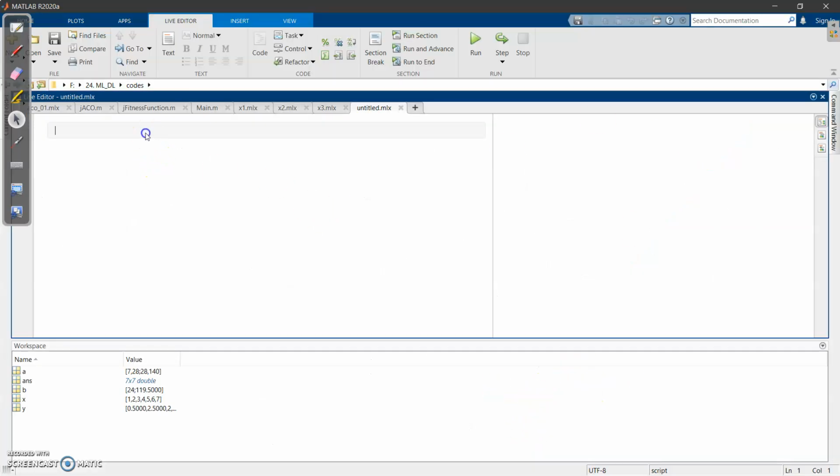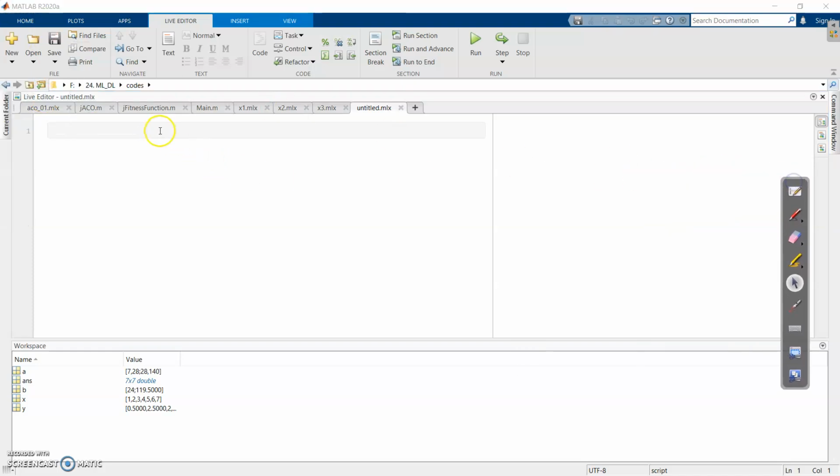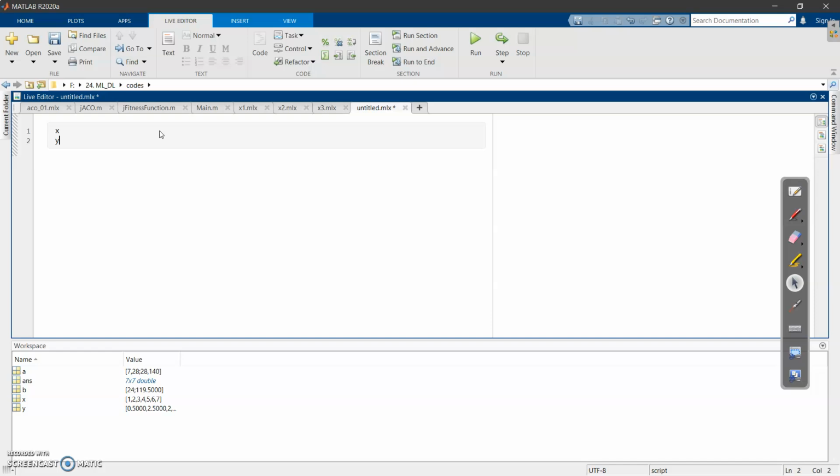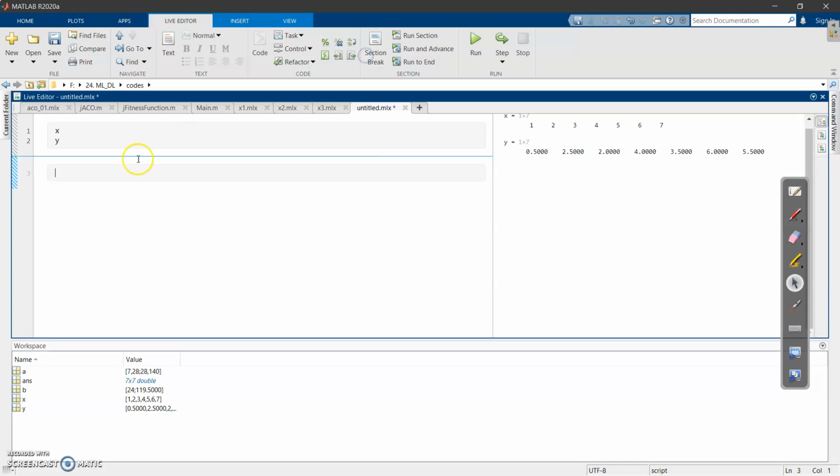Okay. So first we had our x and y. We check here, x was 1 to 7, and y was a vector of length 7. So we can make our c matrix: first comes 7, that was n, then summation of x, then go to the next line, and again summation of x, then summation of xi square, that means summation of x square.